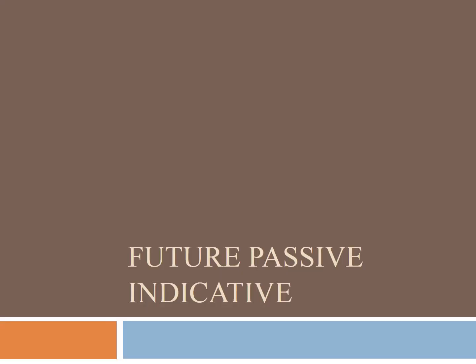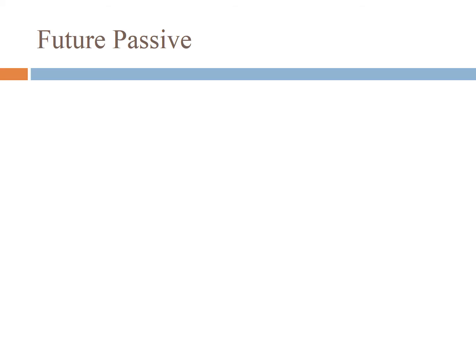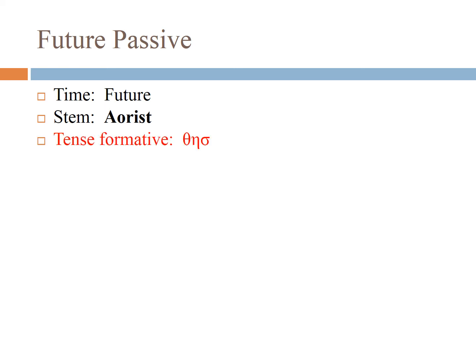Future passive indicative. The future passive. The time is future. The stem is aorist. The tense formative is theta eta sigma. Aorist passive, theta eta, and future sigma equals theta eta sigma.